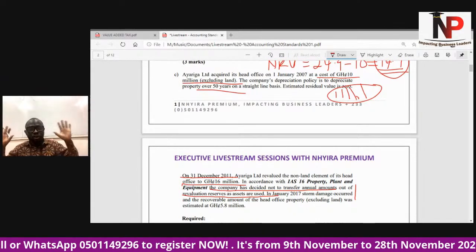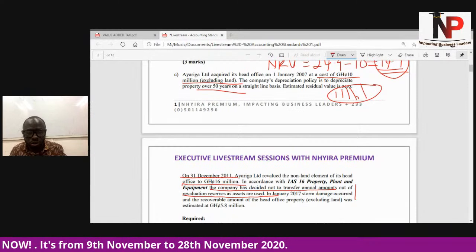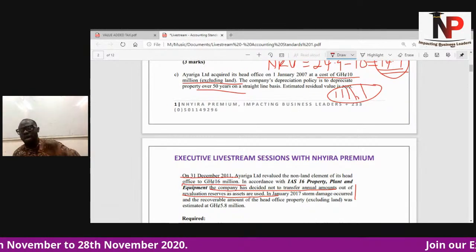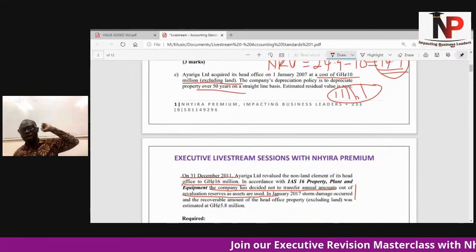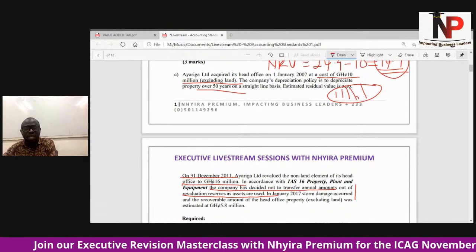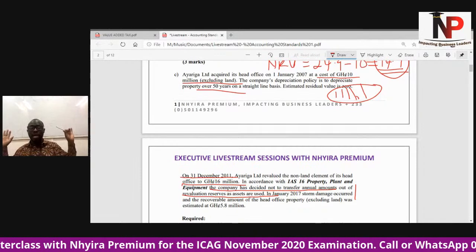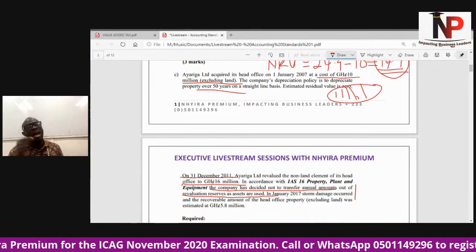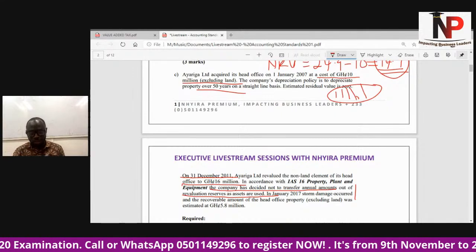So since they are not prepared to do it, we are also not going to do it. So you got to be careful there. So whatever revaluation surplus you're going to have, it will just be in the revaluation surplus account. It will be taken to the statement of other comprehensive income, OCI, and that is all. No annual transfer as of 31st January 2011.